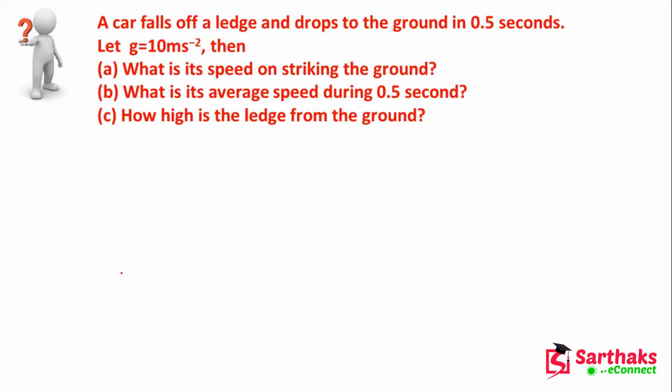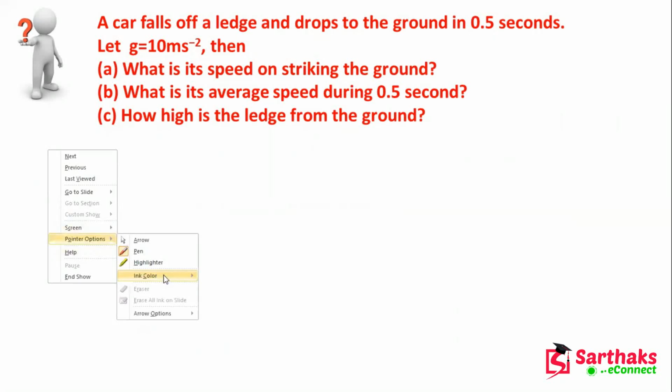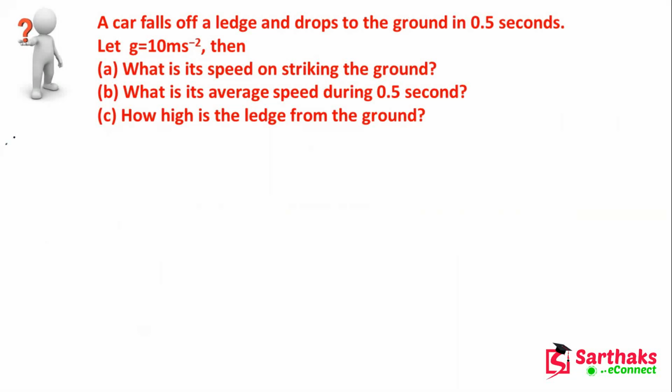Now let's do some numericals here. Let's solve this problem. A car falls off a ledge and drops to the ground in 0.5 seconds. Take g as 10 meter per second square.